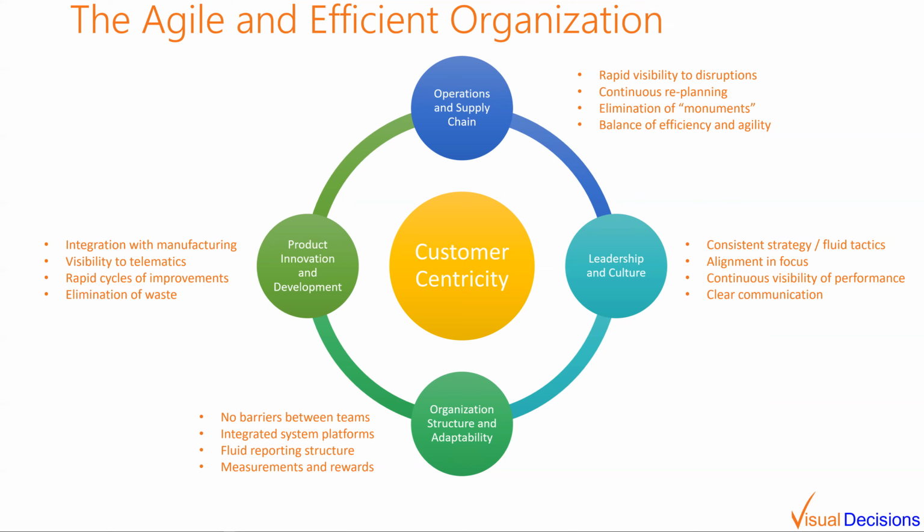But then, from an operations and supply chain perspective, which is my typical primary focus with my customers, certainly, we need to have rapid visibility to disruptions as they occur, whether that's personnel or supply chain or demand or whatever it might be. We need to have immediate visibility when these things are happening, and not just for one person, but throughout the entire organization.